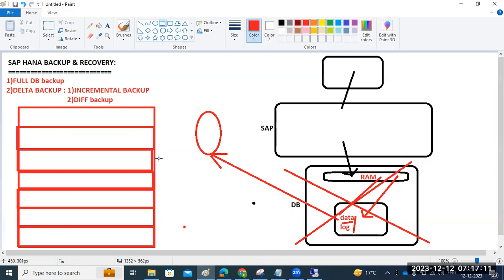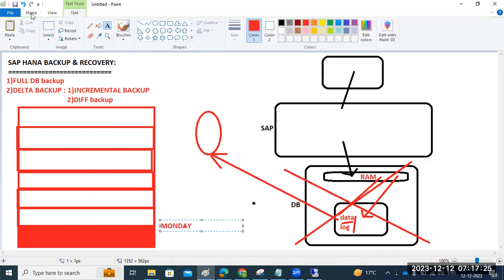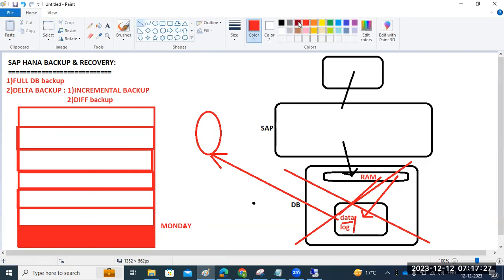Suppose your database got filled up to here. On Monday you are taking the full database backup, so whatever the data increased from the start to here on Monday, all the data will be backed up. Whatever data is there from the start till date, whenever you take the backup, that data will be backed up. Full database backup means we are taking the complete DB backup here, right?